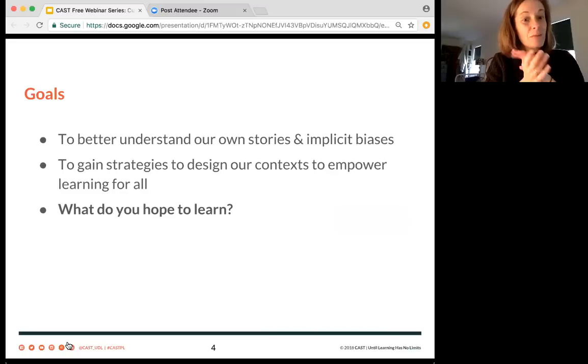So again, our goals today are to better understand our own stories and implicit biases and gain strategies to design our context to empower learning for all. And we're hoping that you all came with some goals that you hope to learn from the conversation today. So please feel free to contribute what you hope to learn. And if it's something that we're not covering through the conversation, we'll make sure, again, to continue that conversation afterwards.